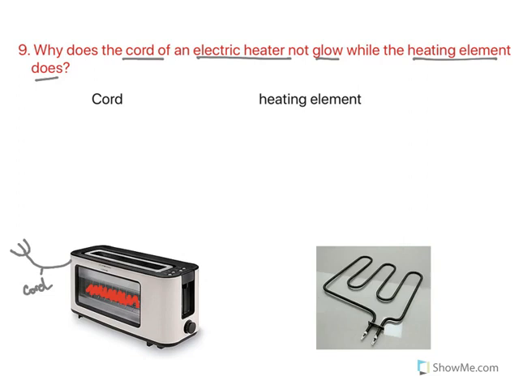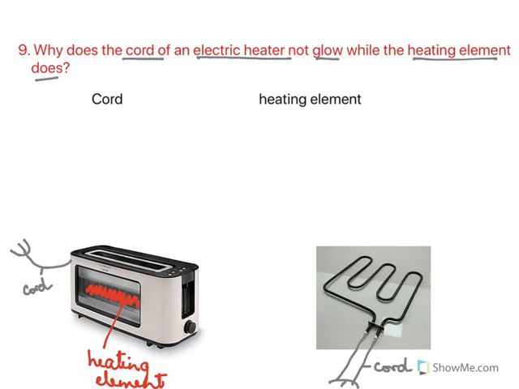This is the cord and this is the heating element. It is the same current that passes through both, but the heating element glows and the cord does not glow. We'll just draw here. Here we have the cord, the heating element, and this is the cord which is connected to the socket. So this is the cord which we can see outside.